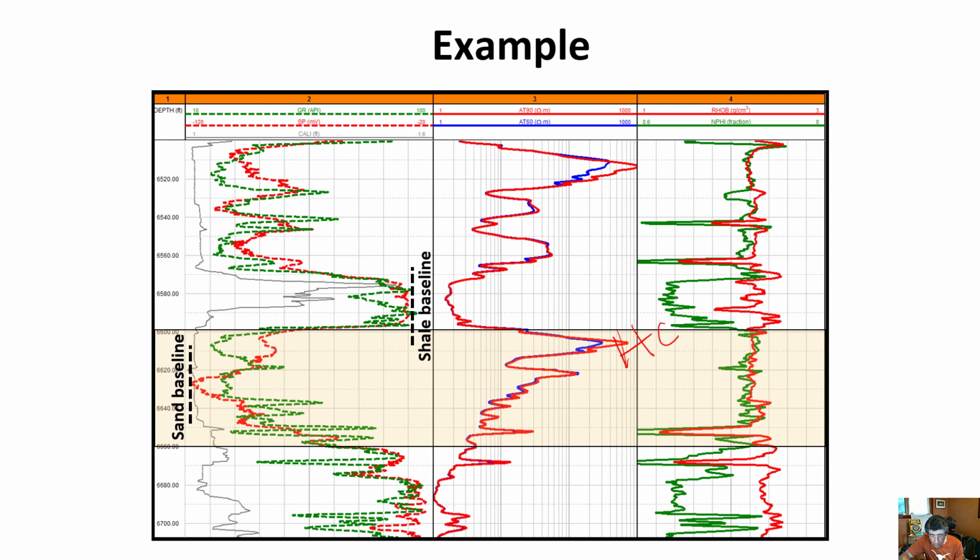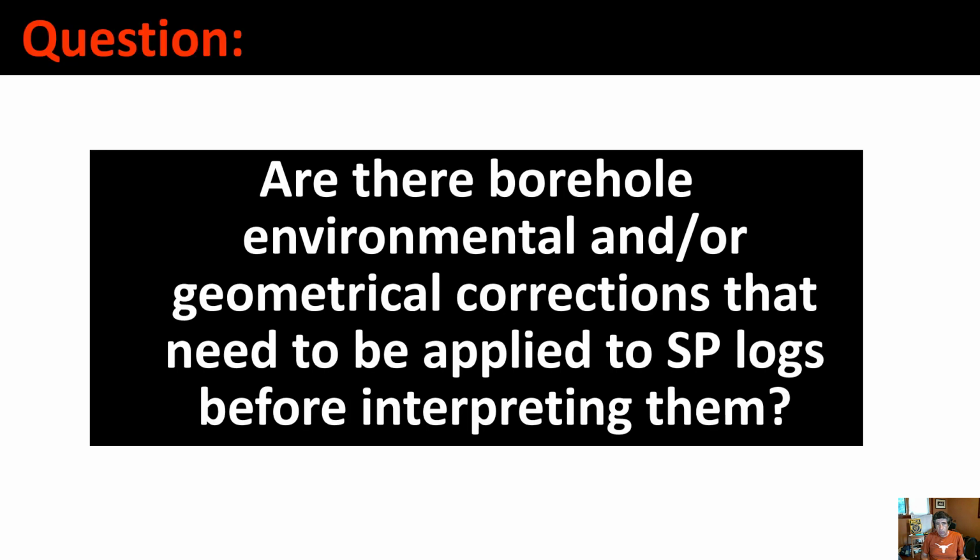The shale baseline is here, or it could be there, but it's also very important to make sure that the thickness itself, in this example, is not a problem. We have 6,600 to 6,660 feet, but we do see presence of hydrocarbon, and we also see presence of laminations of shale. So when we take the reading, we have to be aware of unfavorable conditions that could bias the calculation of electrical resistivity of formation water.